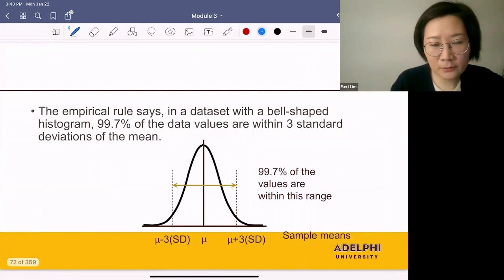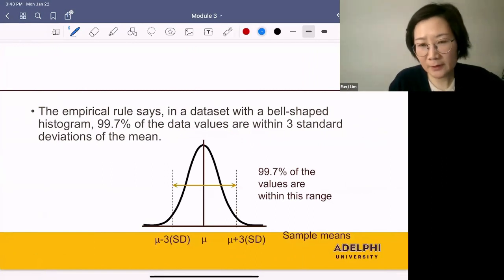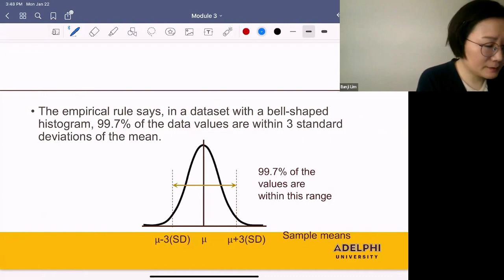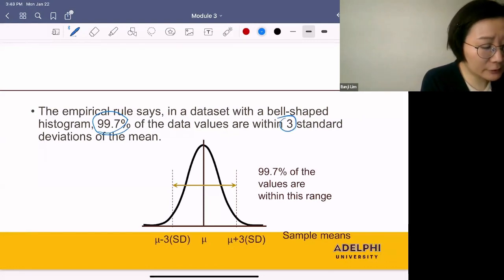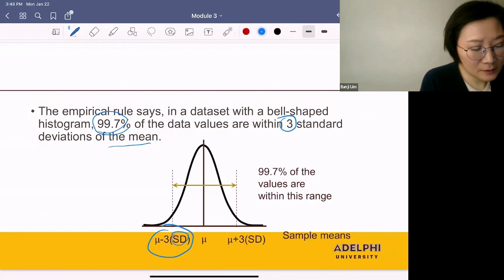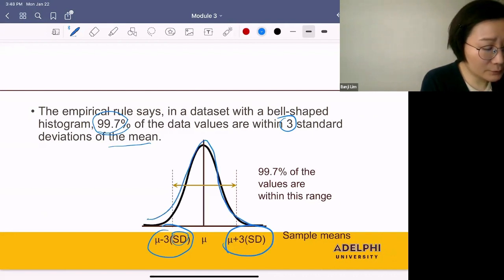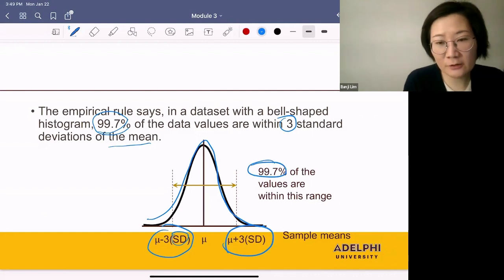Next, I want to turn to the empirical rule. The empirical rule says if you have a data set with a bell shape, then 99.7% of the values are within 3 standard deviations of the mean. So here is the mean minus 3 times the standard deviation. Here is the mean plus 3 times the standard deviation. And if you have a distribution with a bell shape, then 99.7% of the values are within the range.